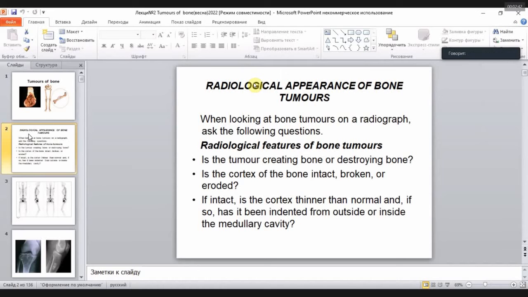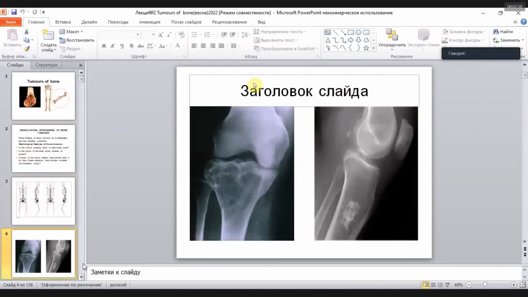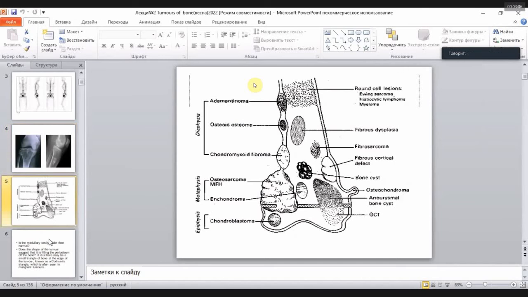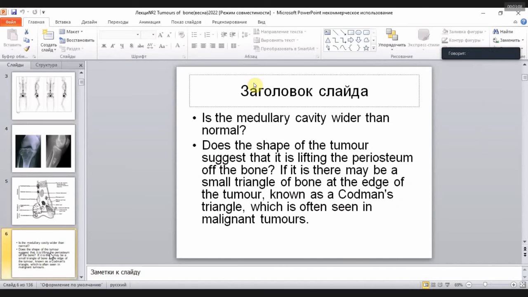If intact, is the cortex thinner than normal, and if so, has it been indented from outside or inside of the medullary cavity? Is the medullary cavity wider than normal?